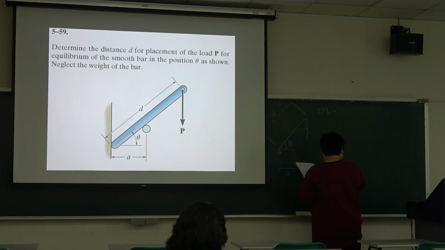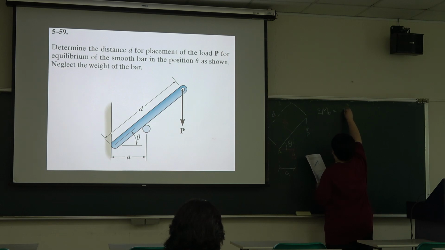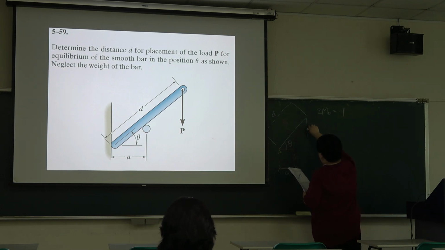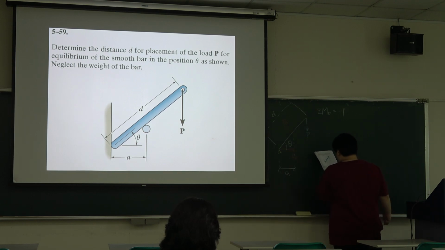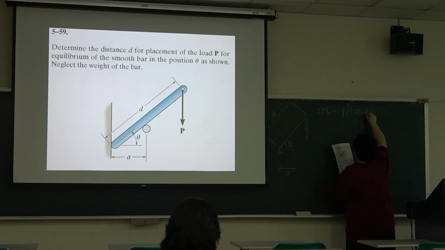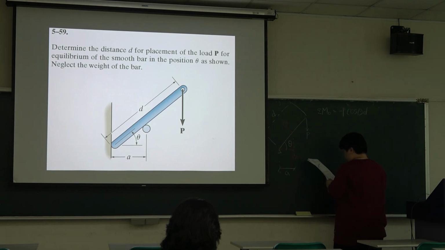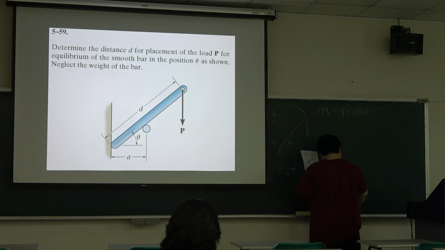So we use the minus P because regarding the right hand rule, this P lets this point get the negative moment. So use this P times the sine theta. This is the moment arm because the d will be divided into d sine theta.